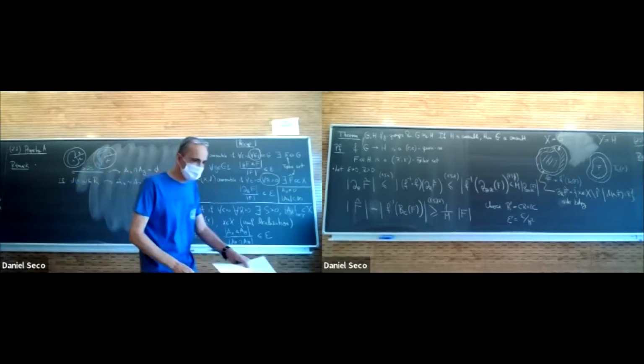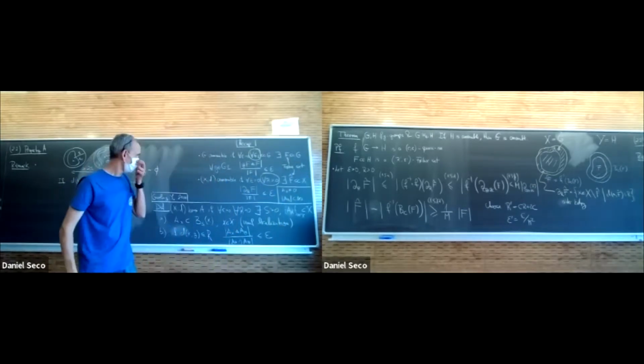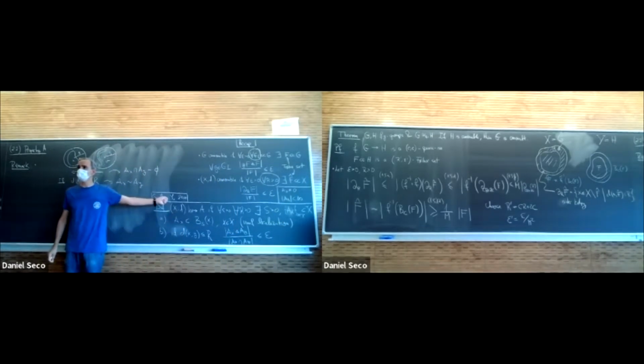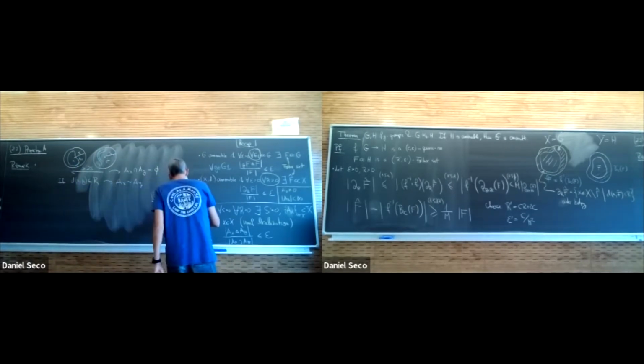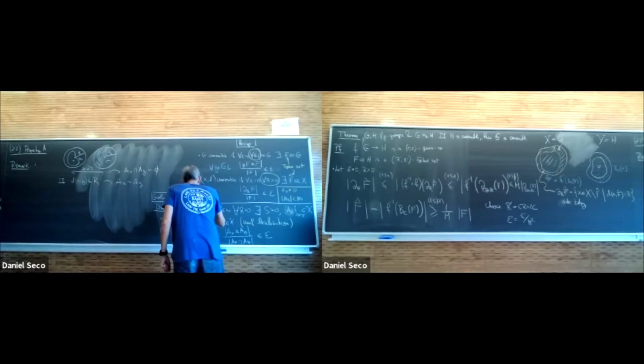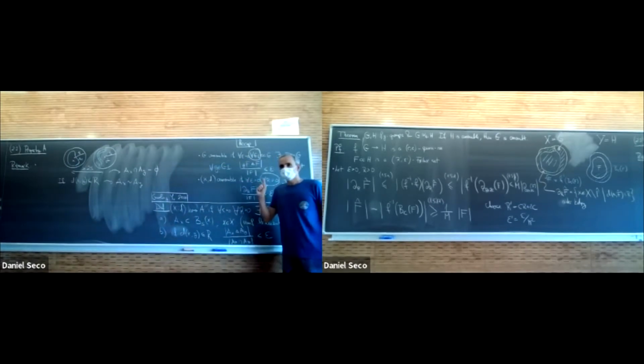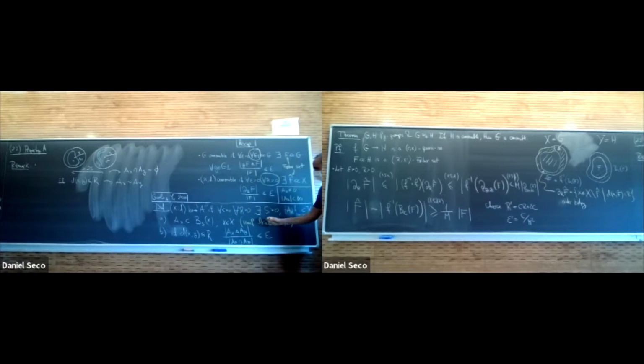Let me insist that this is a baby definition of property A. It's not the one that Guoliang Yu gave, but it is enough. So let me say property A in inverted commas. Why? Because the collection of sets A_x has to have a multiplicity, but I'm avoiding this because it is too technical, and for the examples it's enough.